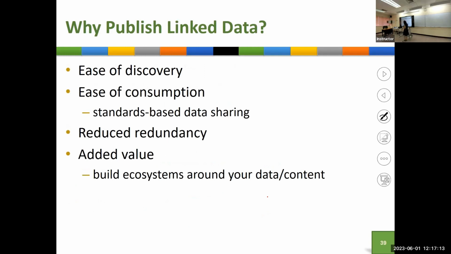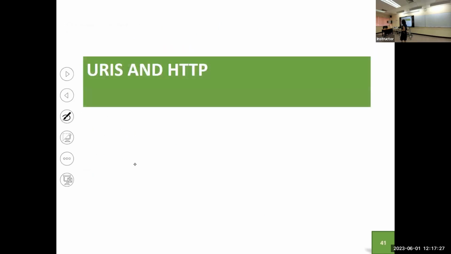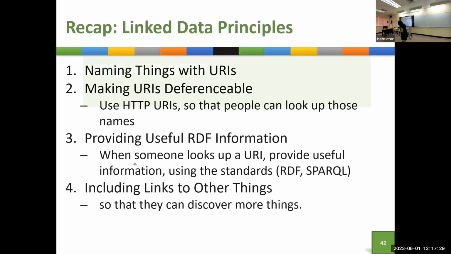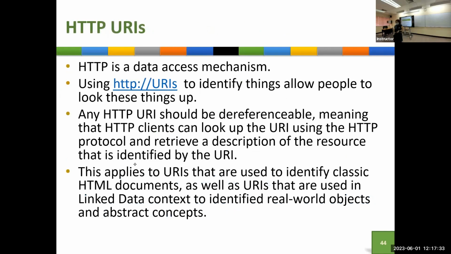And as a summary, why this could be necessary or could be useful: ease of discovery, easy consumption, reduced redundancy, added value, and so on. Okay, I think the remaining slides are for reading purposes.